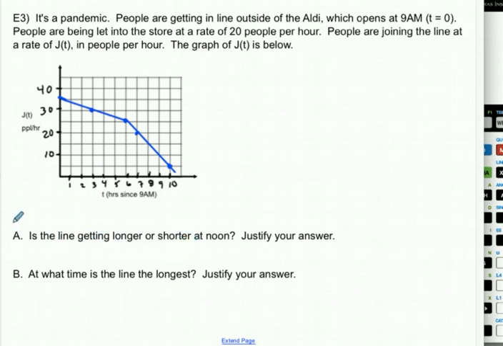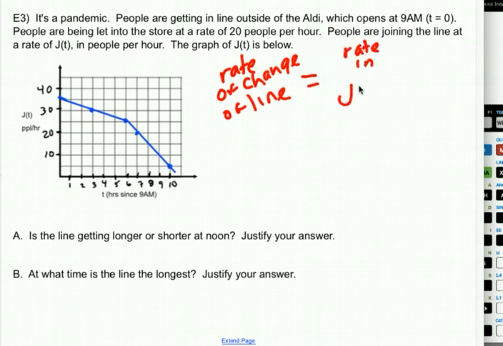Justify your answer. Okay, so the rate of change of the length of the line is going to be rate in, which in this case is J of T, minus the rate out, which in this case is 20 people per hour.